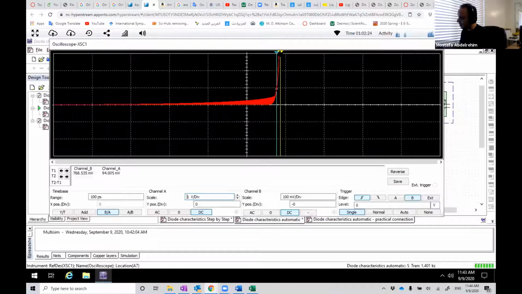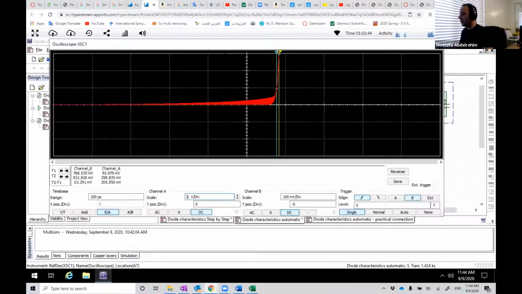Yes, but it needs a little change. You have here a point, just the tip of the curve, and here just the start. I told you measure from here to this point, which is okay. And don't forget the scales.